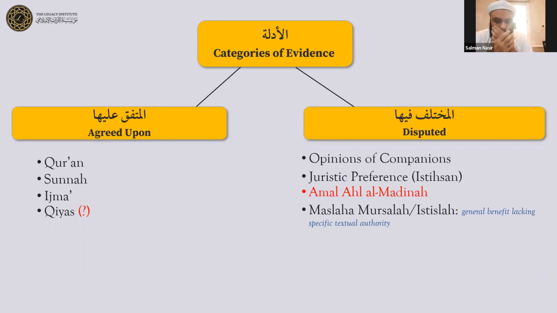So, for example, some have defined istihsan as دليل ينقدح في نفس المجتهد لا يستطيع التعبير عنه. It is a dalil, an evidence, or a legal argument that comes to the mind of the mujtahid. It's an idea. It's in his mind, but he's incapable of expressing it.